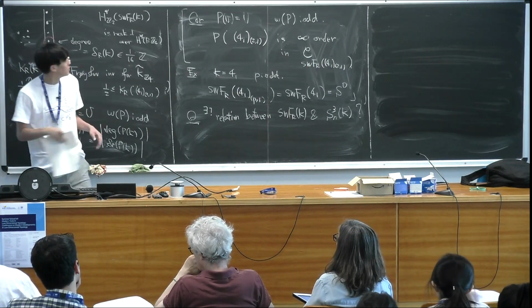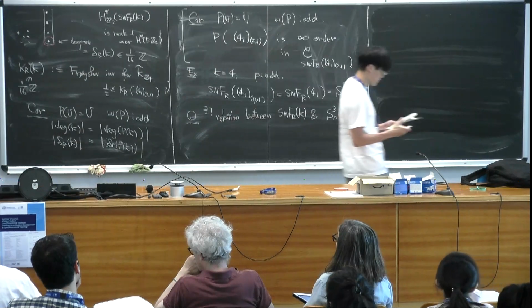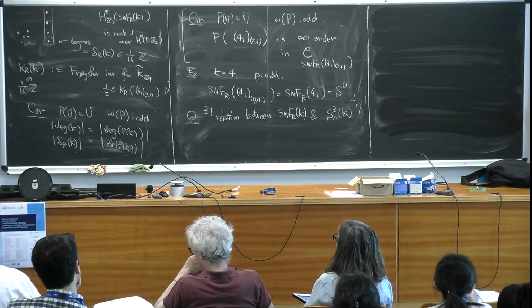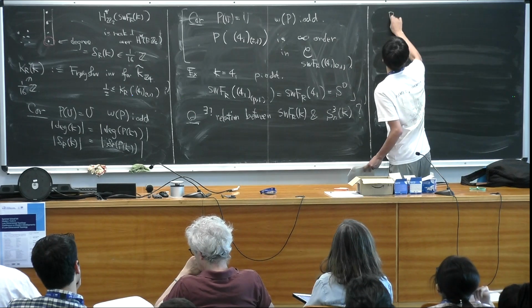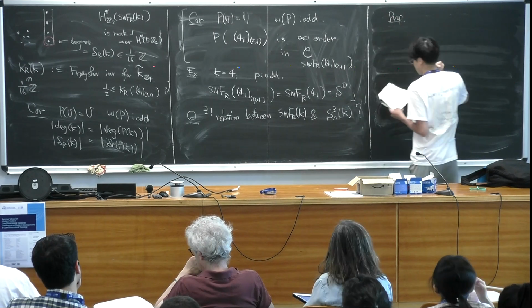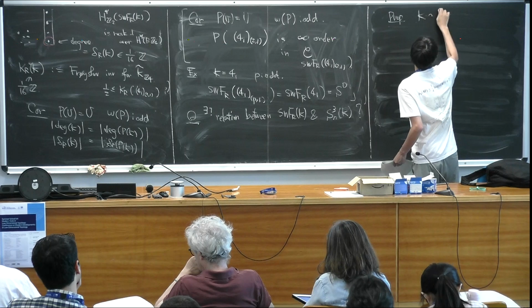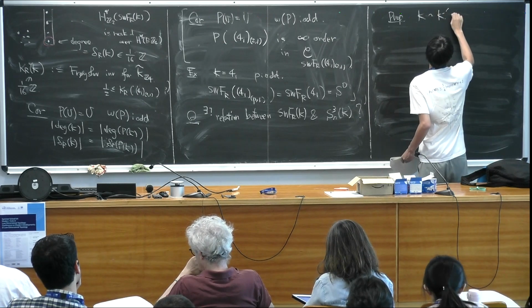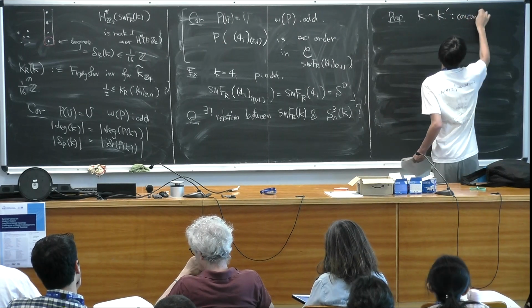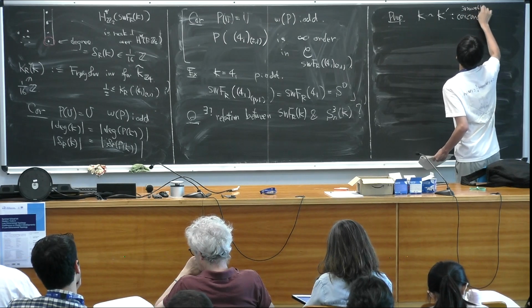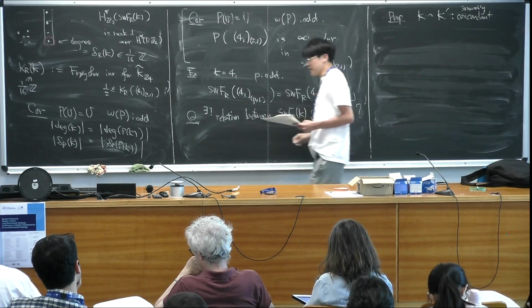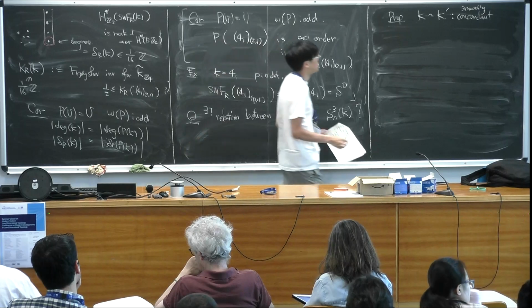Okay, so I want to focus on how surgeries are related to the real Floer homotopy type. And in order to state the result, let me say one thing. If two knots are smoothly concordant, then we can use a TQFT, as I said before.